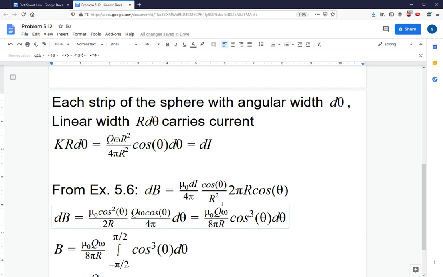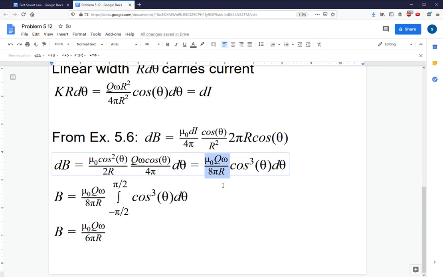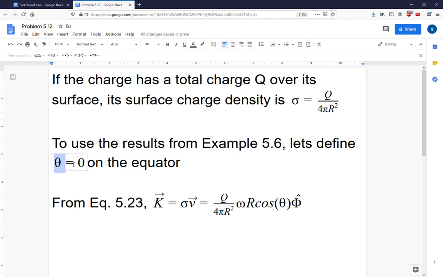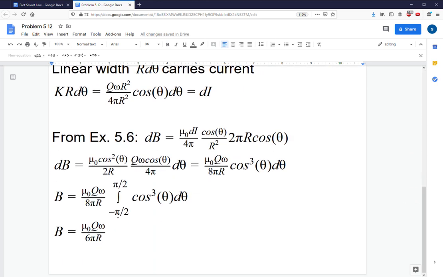Because of the way that I divided this sphere into strips with constant angular width, I only need to integrate d theta. And all of these other terms are not dependent on theta. So it just becomes an integral of cosine cubed theta d theta. Now our bounds of integration: if you remember how we defined theta, theta is equal to 0 on the equator. So it goes from negative pi over 2 on the bottom to positive pi over 2 on top.